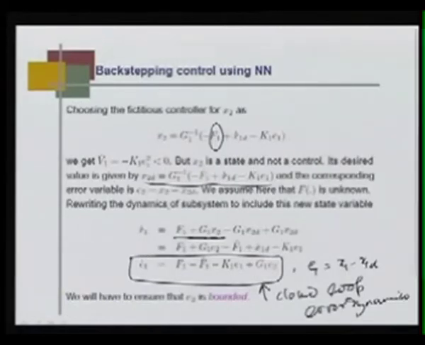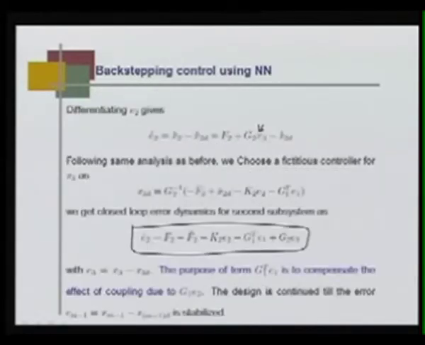We said that given x1d, I find what x2d is. My x2d is in terms of x1d as the input and neural network output f1 hat. Similarly, x3d is a function of neural network output f2 hat and x2d.